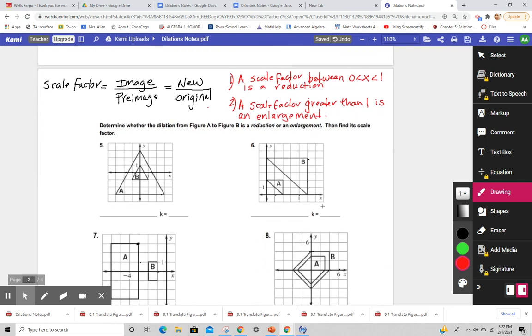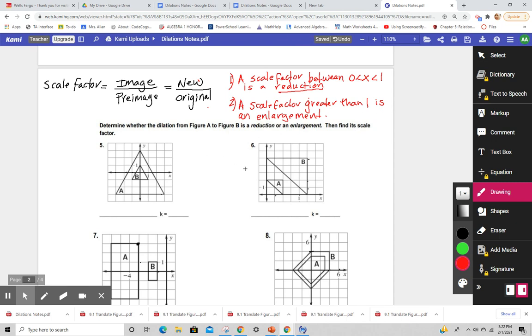All right, let's review again what the scale factor is. The scale factor is always going to be the ratio of image over pre-image. Or we could look at it this way: the new figure over the original. If the scale factor is between 0 and 1, it's a reduction. If the scale factor is greater than 1, then it is an enlargement.